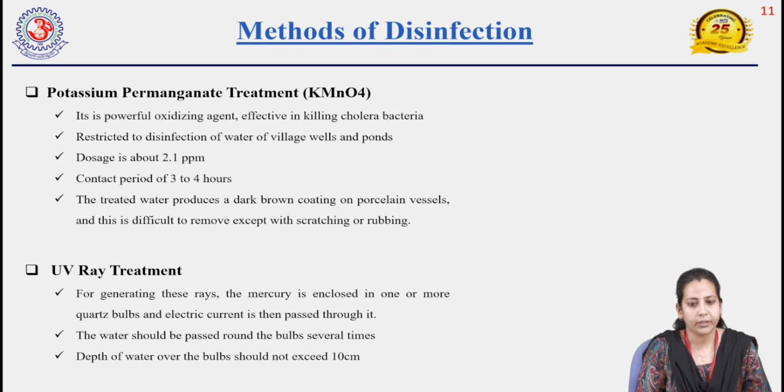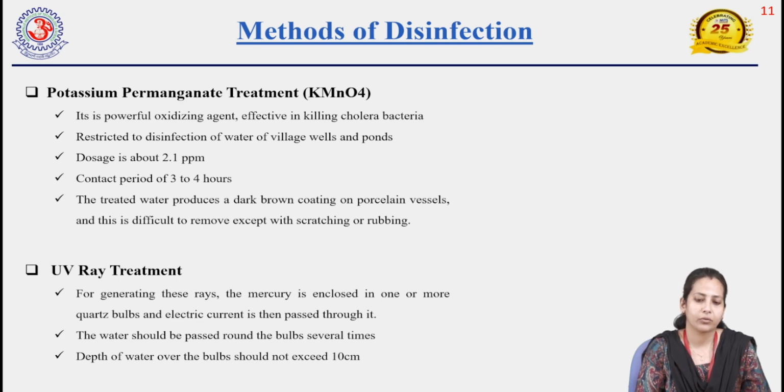It is restricted to disinfection of water of village ponds and village wells. The dosage is limited up to 2.1 milligrams per liter, and the contact period is 3 to 4 hours. The treated water may produce a dark brown coating on a vessel, which may be removed by scratching and rubbing.